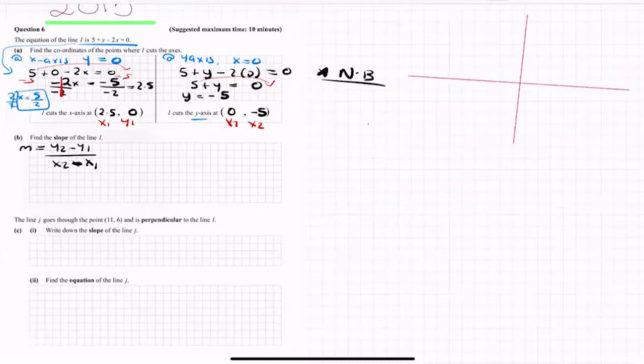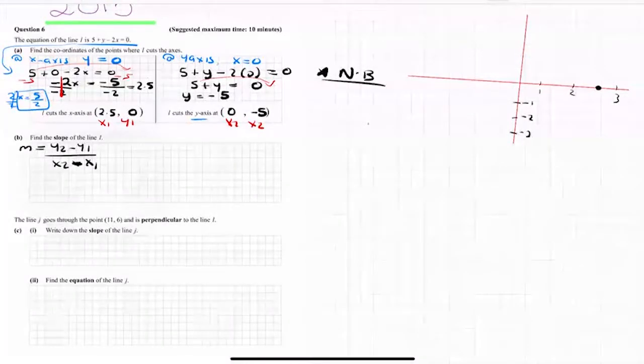We know that it cuts the x-axis at 2.5, 0. We know that it cuts the y-axis at minus 5. Okay, so it cuts the y-axis at -5.